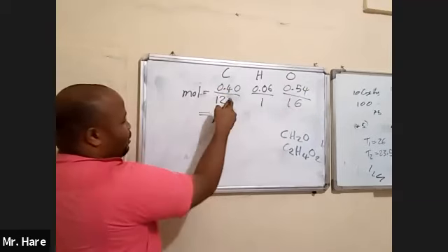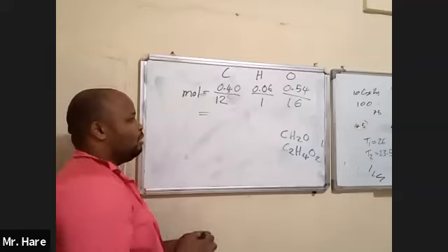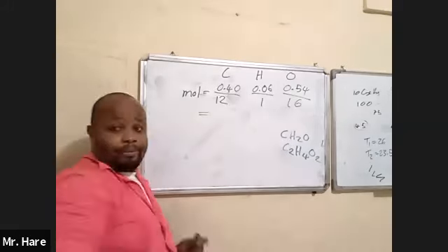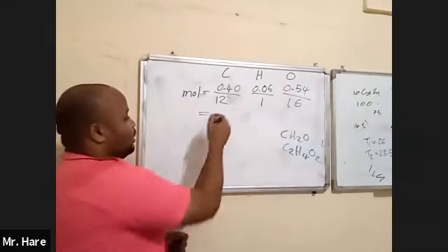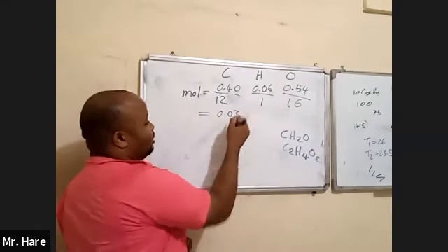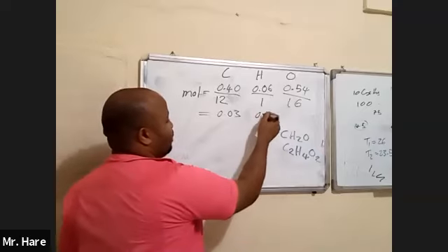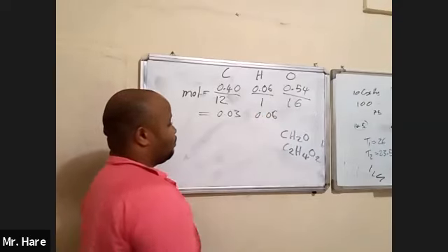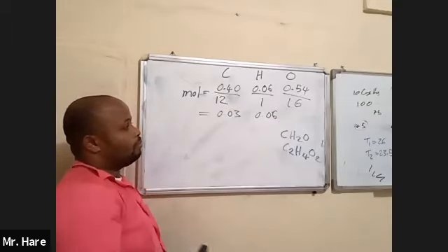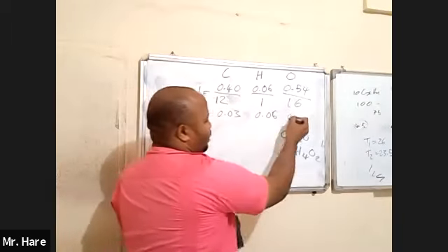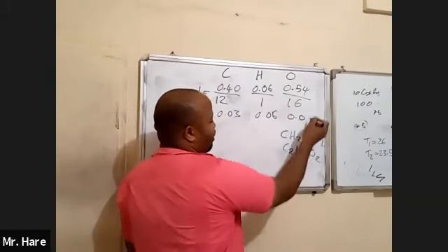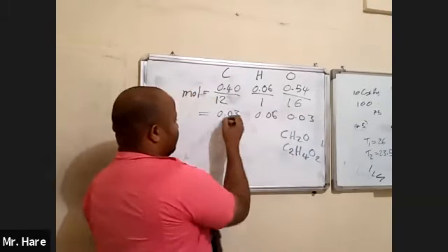How much do you get when you divide by 12? 0.03. This is 0.06, and this one is 0.03.